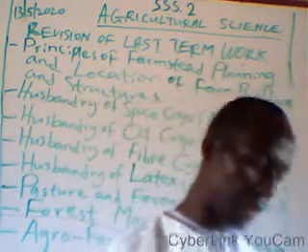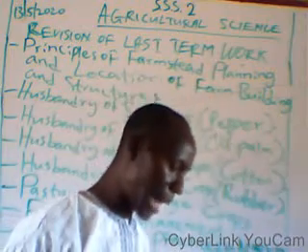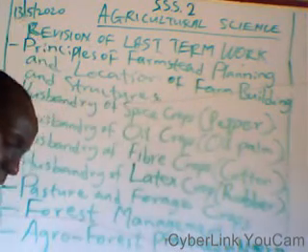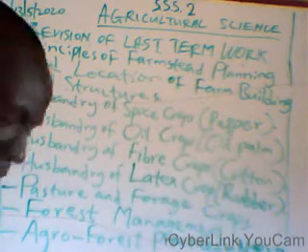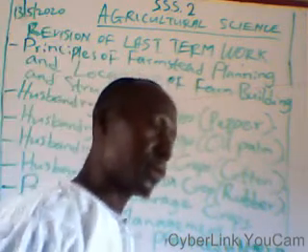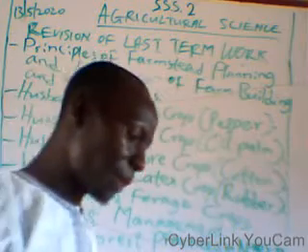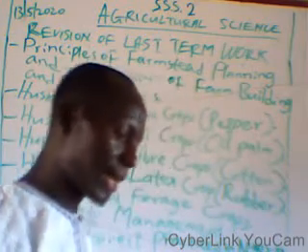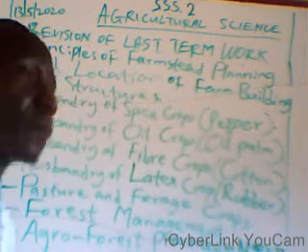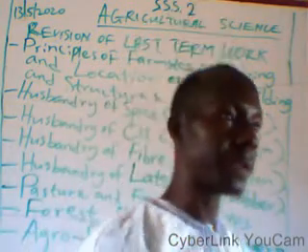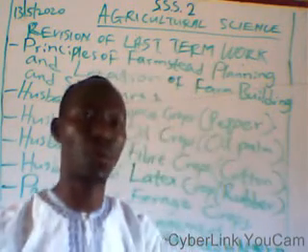We now have types of agroforestry practices. We have alley cropping, Taungya system, and the rest of them. There are some factors to be considered when selecting tree species for agroforestry. If you are a farmer and you want to practice agroforestry, there are some things you have to consider.